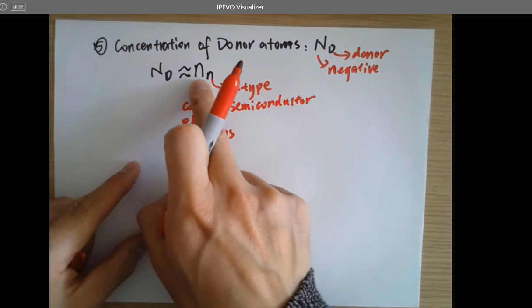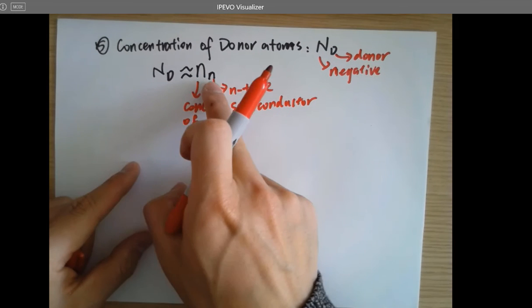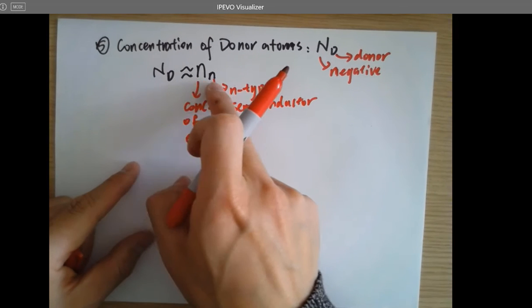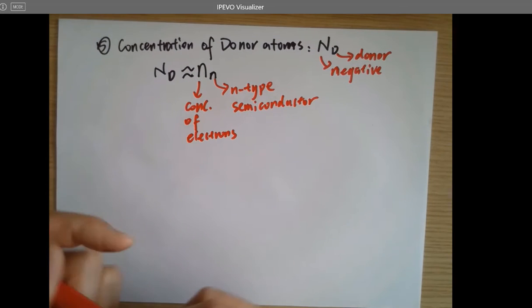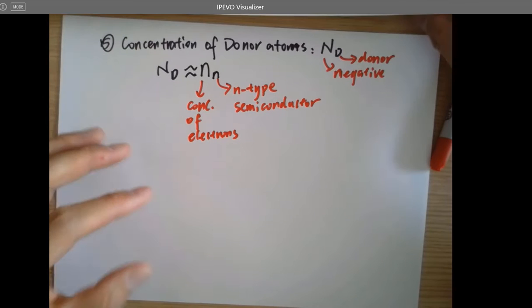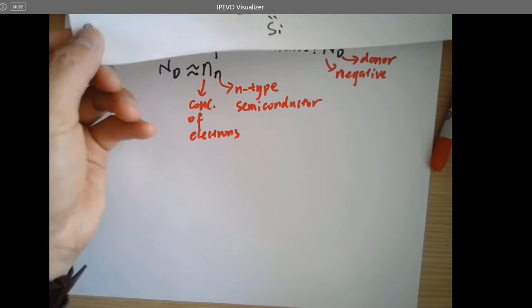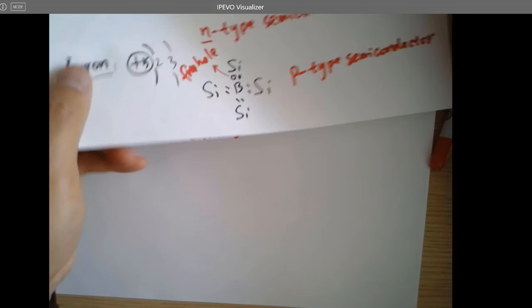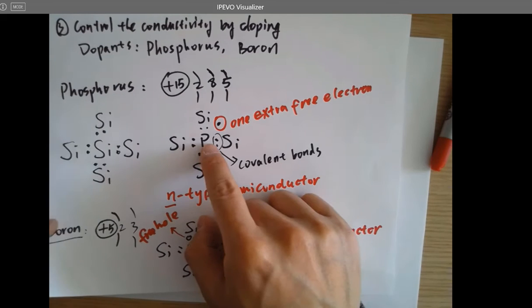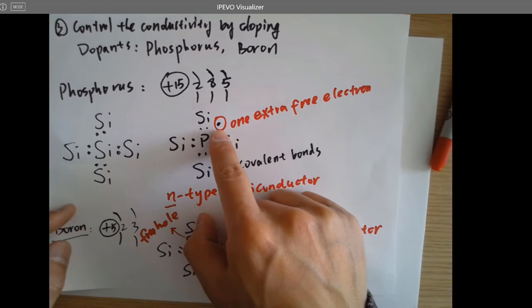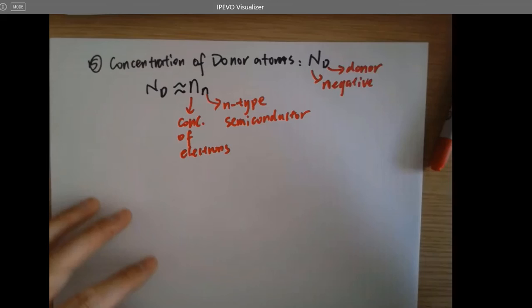So this is the concentration of electrons in the N-type semiconductor. Why is that? Because every single phosphorus atom contributes one free electron. So that's why they are equal.